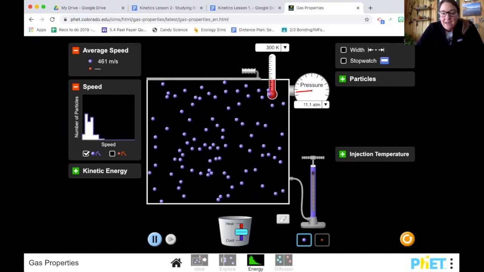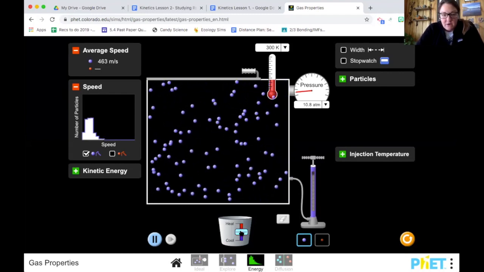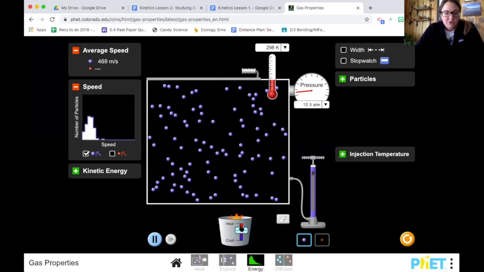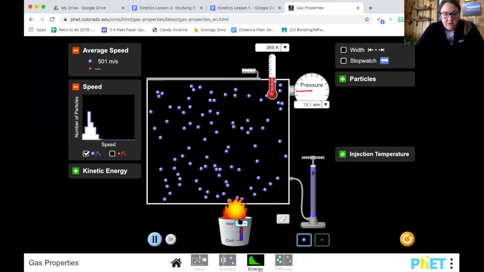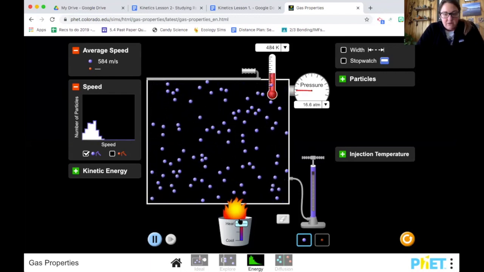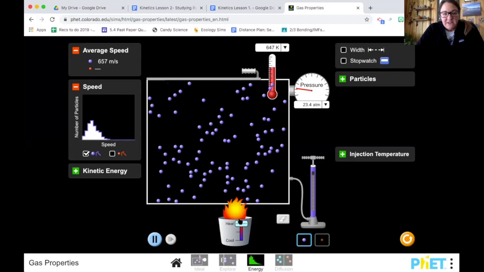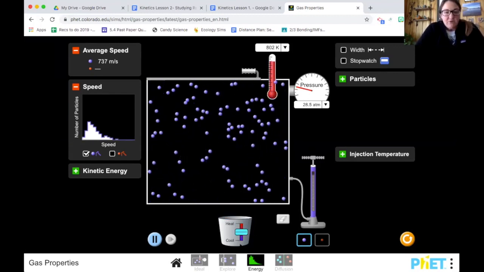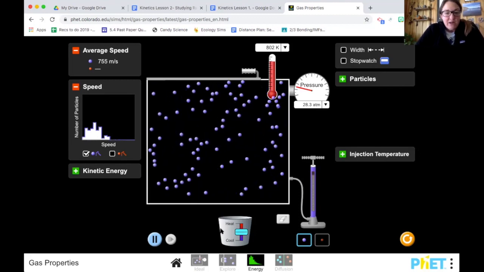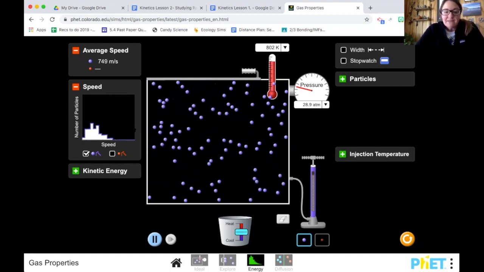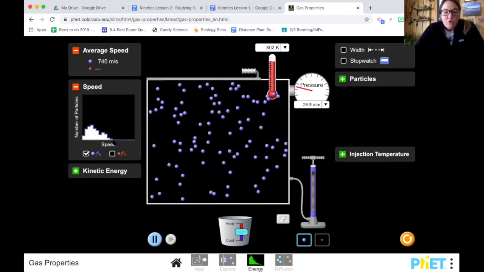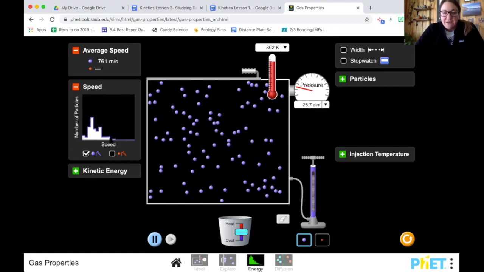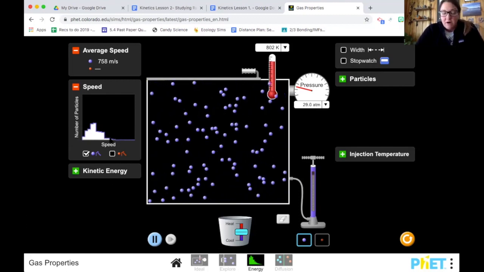Now, when I heat up the gas, watch what happens to this distribution over there. So it was at 450 meters per second. And now that I've heated it up so that the average speed is 740 meters per second, my peak isn't as high, but I have more molecules moving at a higher speed than I did before.